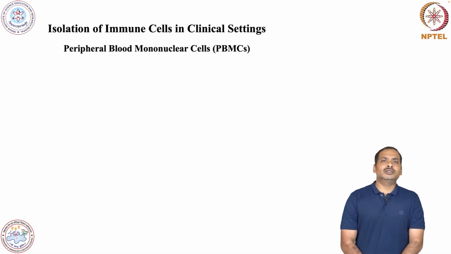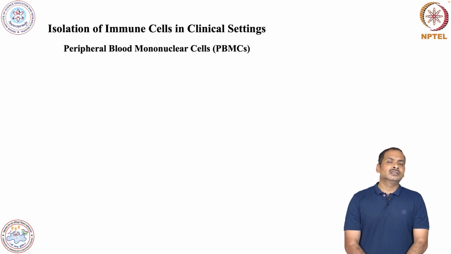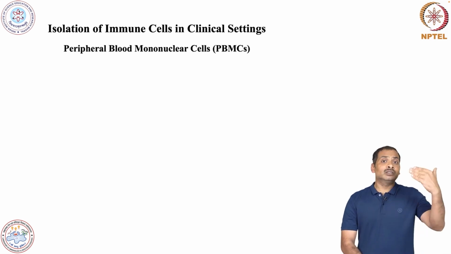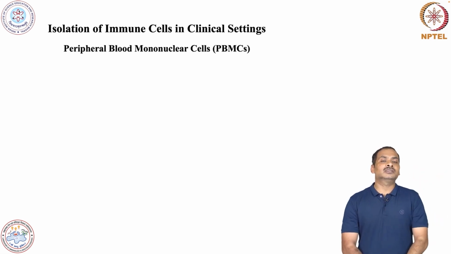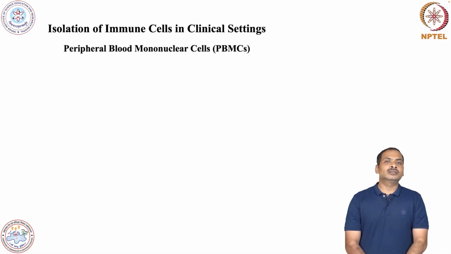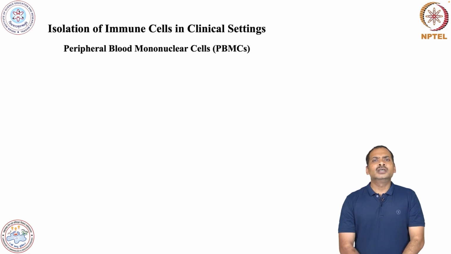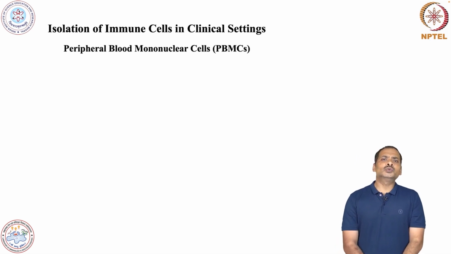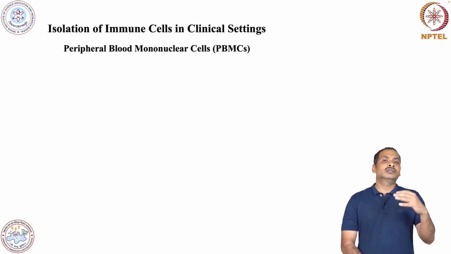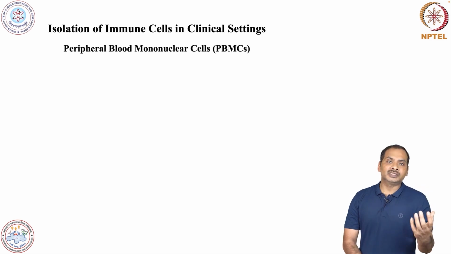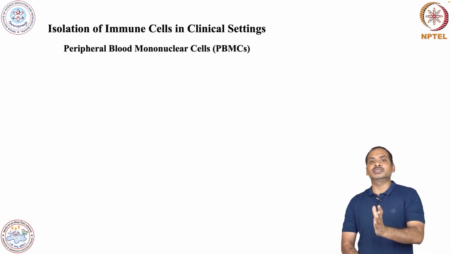For example, an individual who met with an accident and has a severe loss of blood, or during long surgeries where there is a severe loss of blood. In that scenario we give only RBCs, not immune cells.